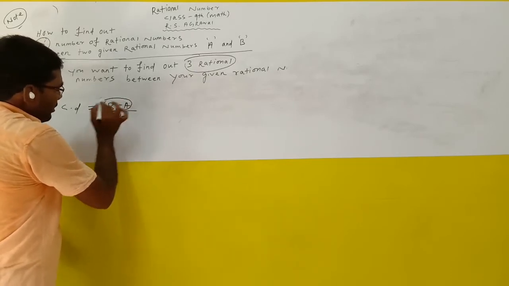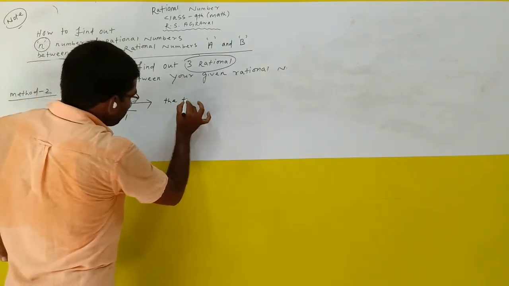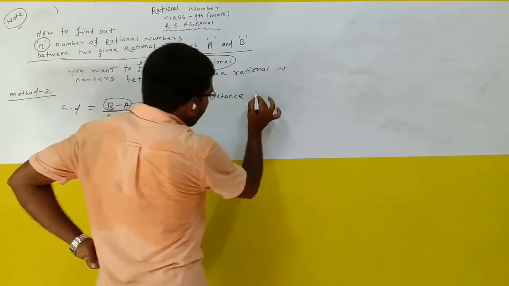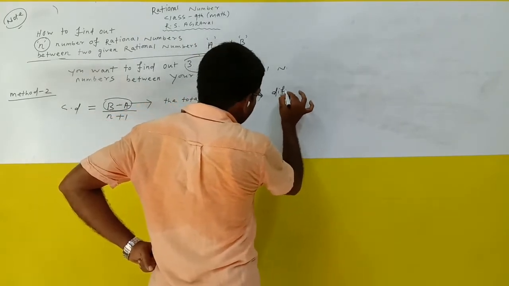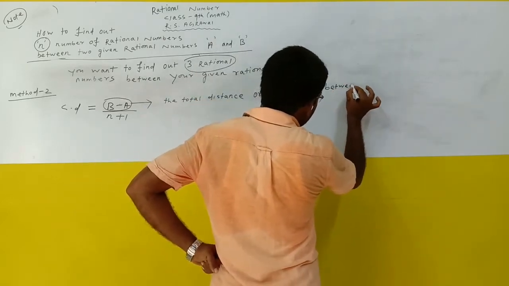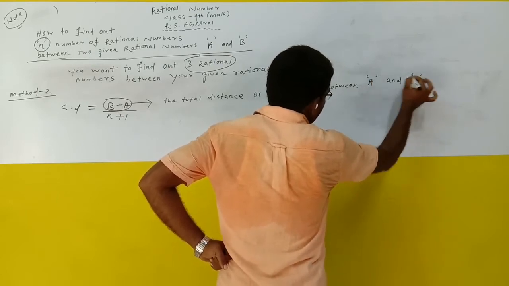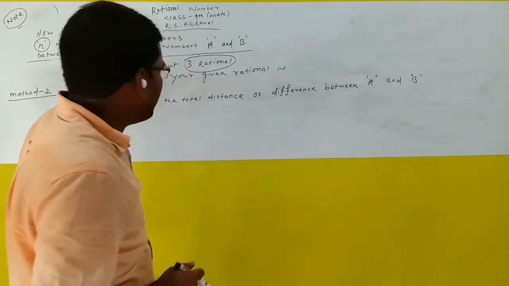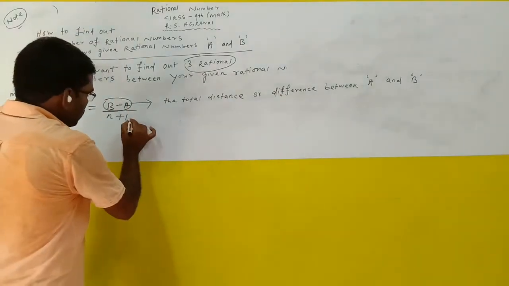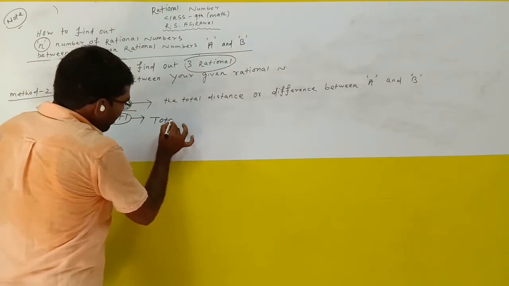Here b minus a indicates the total distance or difference between A and B. A and B are your two given rational numbers. And n plus 1 indicates the total number of gaps.